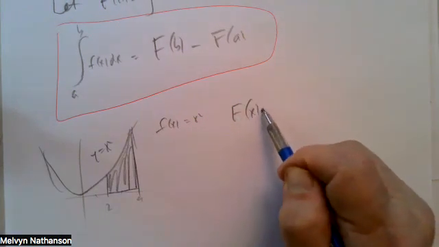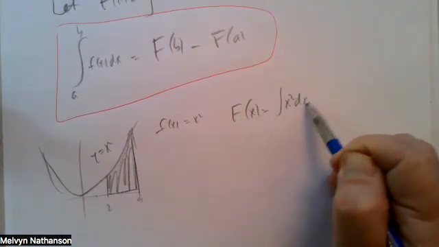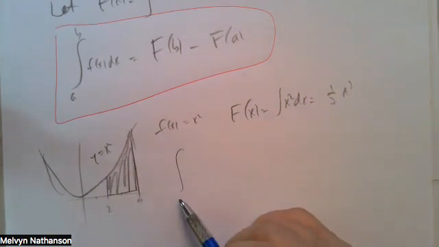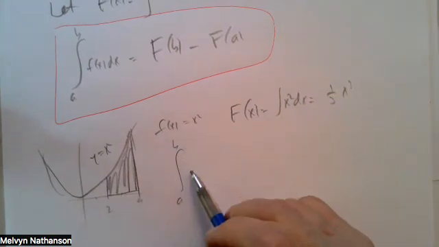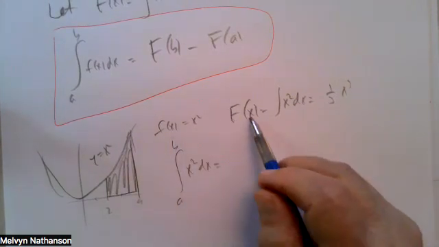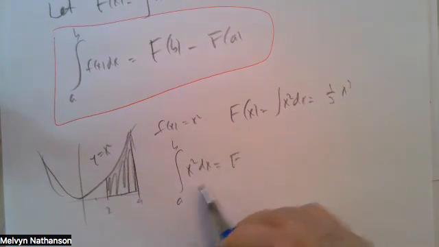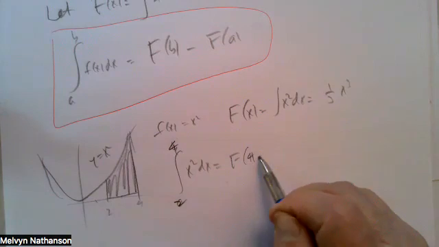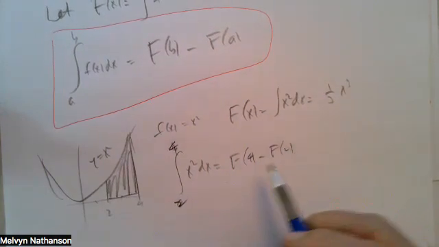An antiderivative of x squared is a third x cubed. So the definite integral from 2 to 4 of x squared dx is capital F at 4 minus capital F at 2.